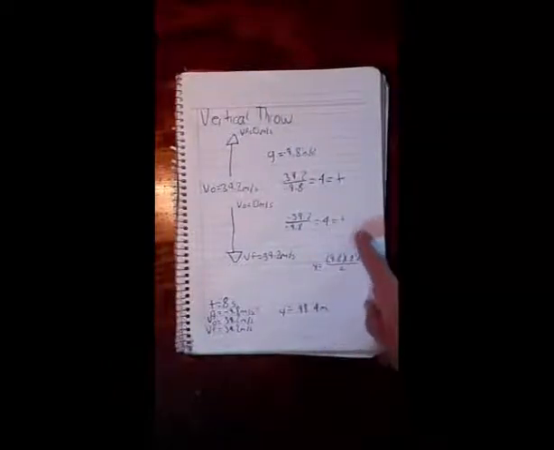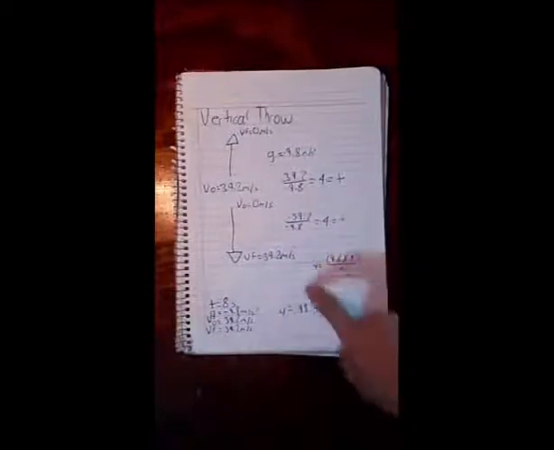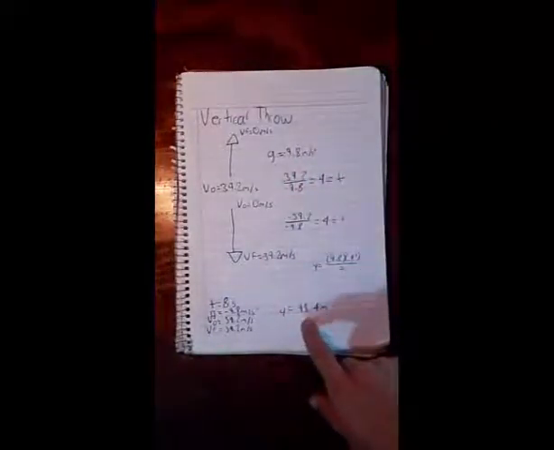So the y-axis we can get by multiplying the gravity by the time squared divided by 2. If we do that, the height of the vector will be 78.4 meters.